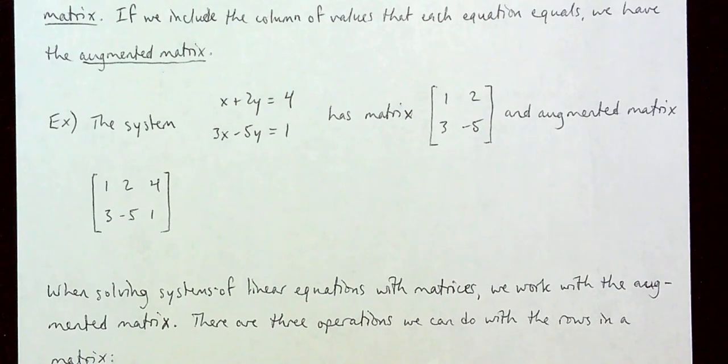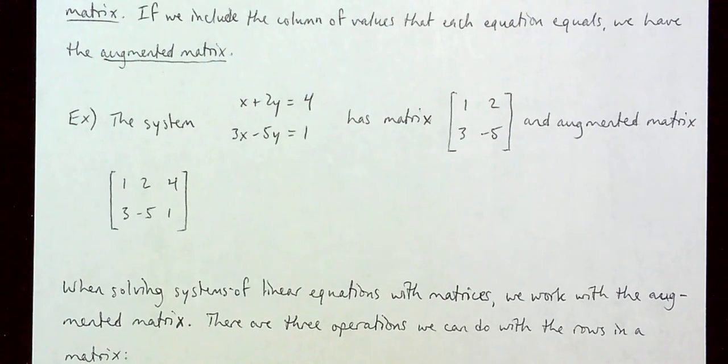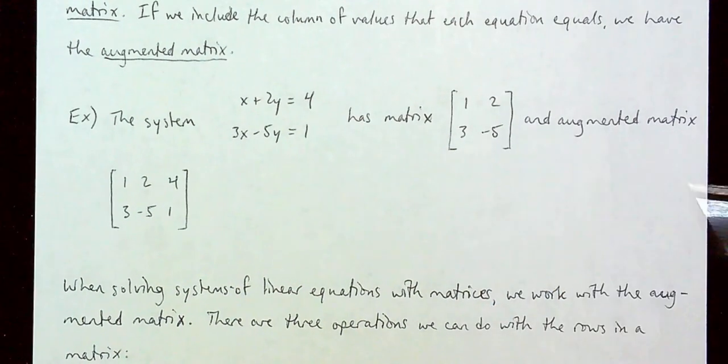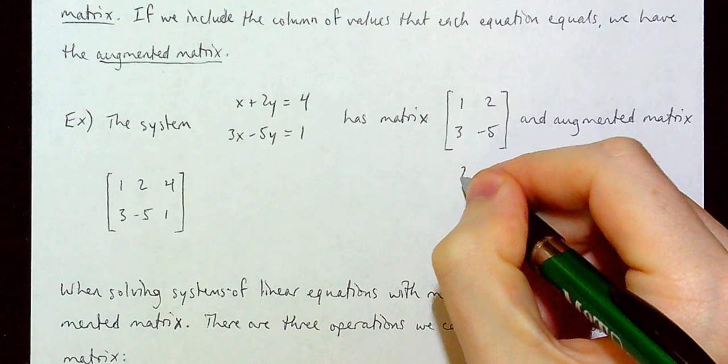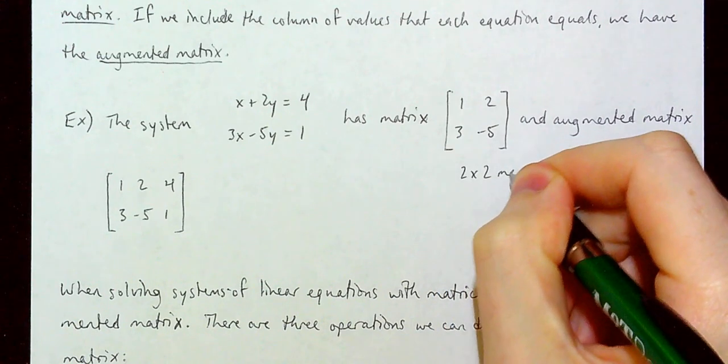Now, some vocabulary, some notational things that you'll see later on in the chapter, but I'm going to introduce it now so it's not so brand new once you see it later on. This matrix here, 1, 2, 3, minus 5, we call this a 2 by 2 matrix.